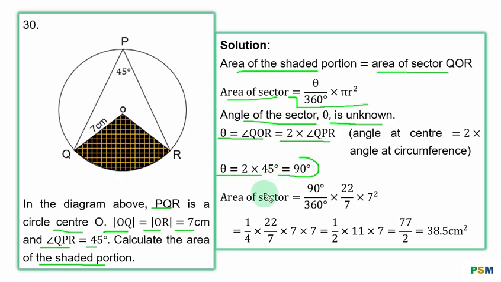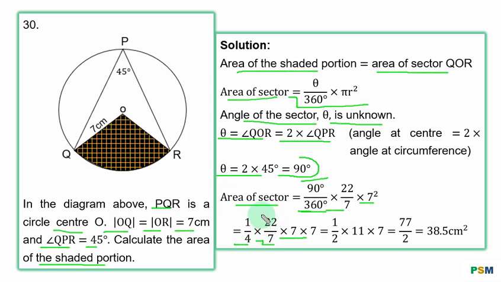It follows that area of sector is equal to angle of the sector over total angles in the circle times pi times radius square. This fraction simplifies to 1 over 4 times 22 over 7. 7 square implies 7 times 7.